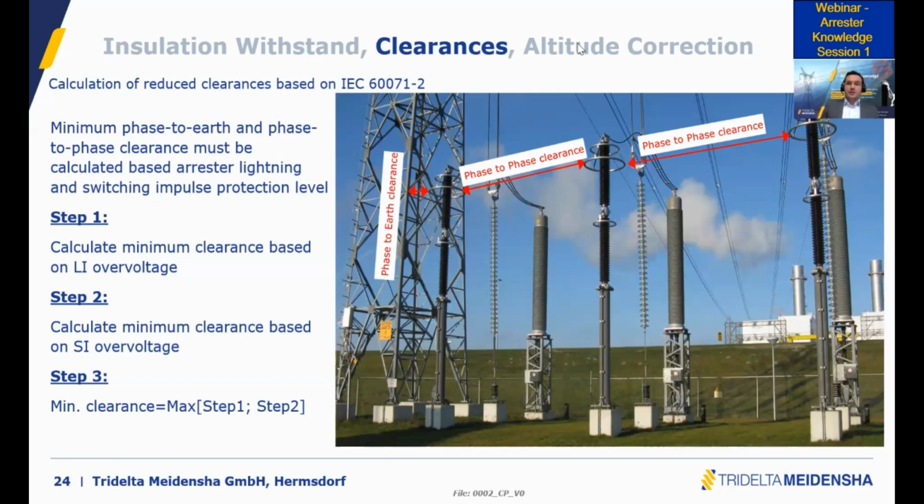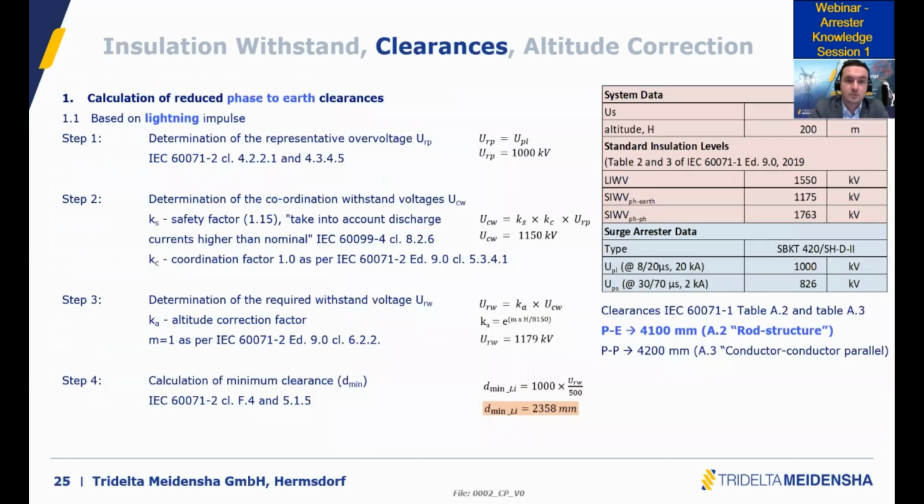Typically, if you make this calculation, if we look at this example here for the clearances, the altitude is 200 meters. When you calculate the exponential value with an altitude of 0, you will get a factor of 1.